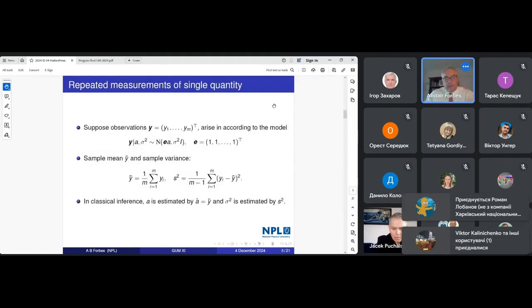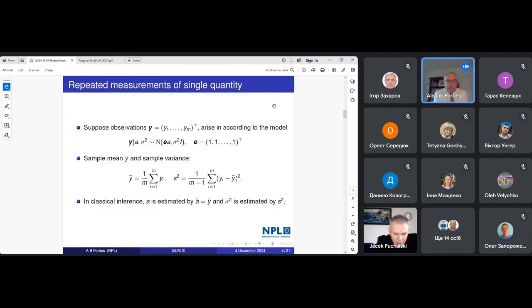What I'm going to talk about today is based on the simplest measurement scenario you can have, where you're just measuring a single quantity with repeated measurements. You're generating observations Y1 through Ym, and the model is that they're drawn from a Gaussian distribution centered at A with variance sigma squared.